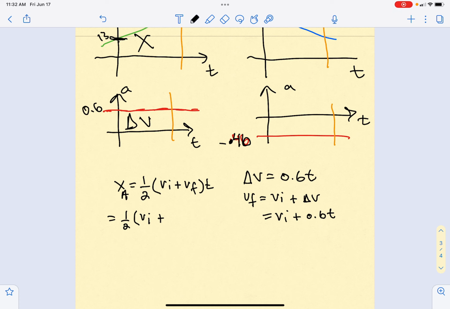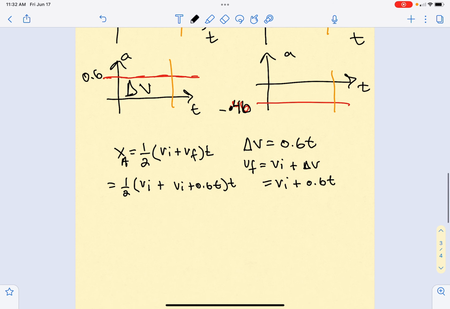So I'm going to replace VF with VI plus 0.6t.